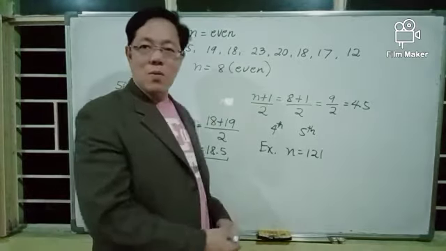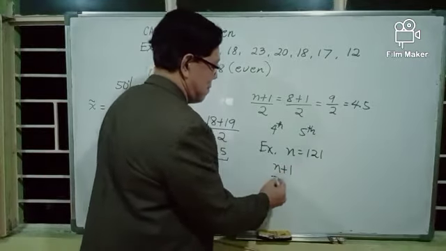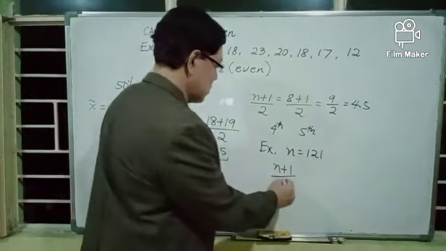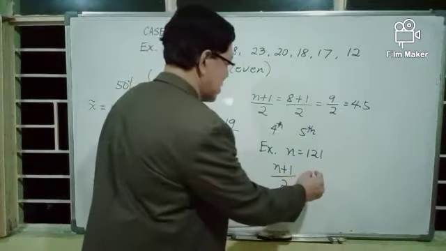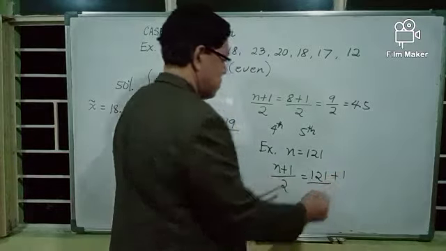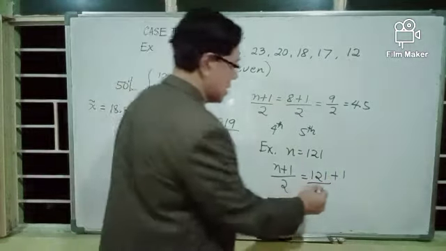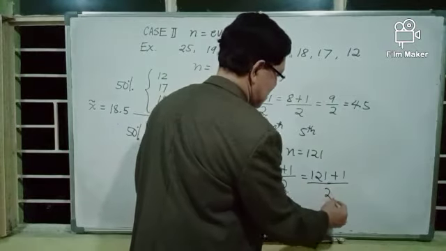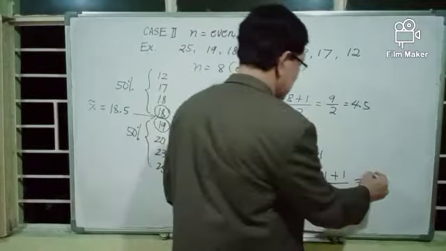You add 1, and divide by 2. Our n is 121. 121 plus 1 and divide by 2. 121 plus 1 is 122.